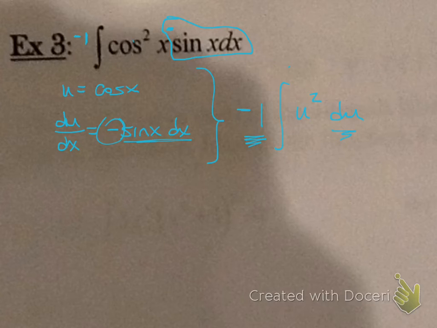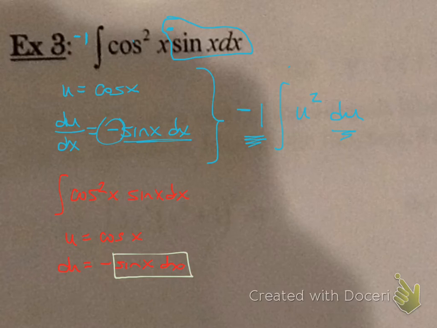And so if that doesn't help, if you're saying, wait, that seemed like some type of slight magic there, it doesn't seem to add up, let me show you another way to think about this, right? Here's the original integral, cosine squared x sine x dx. Well, again, if I'm making u cosine of x, and du is equal to negative sine x dx, I want you to think about this.